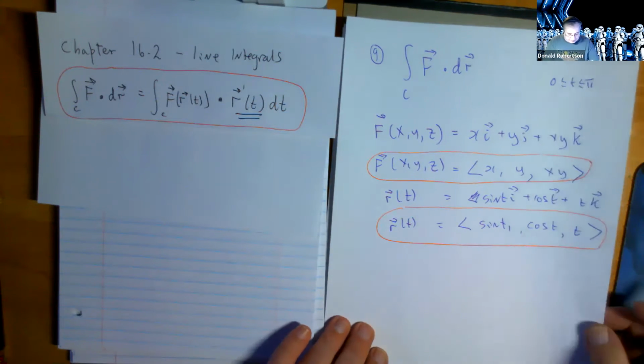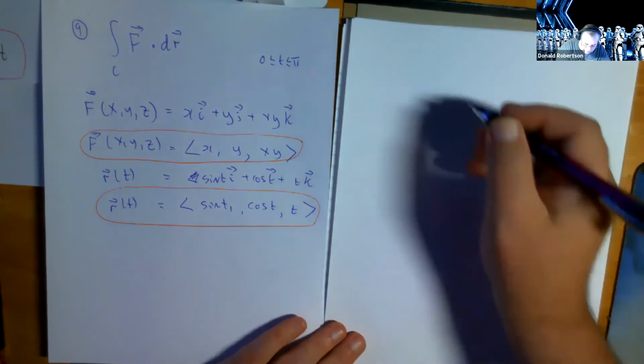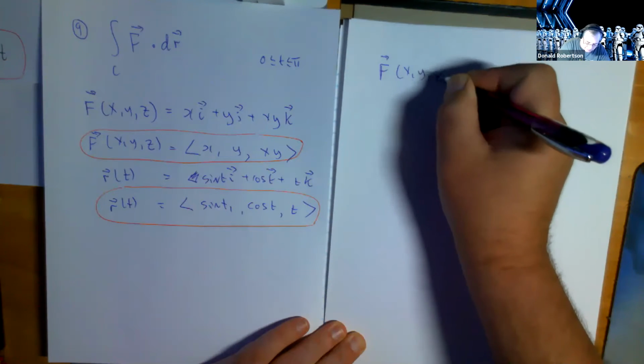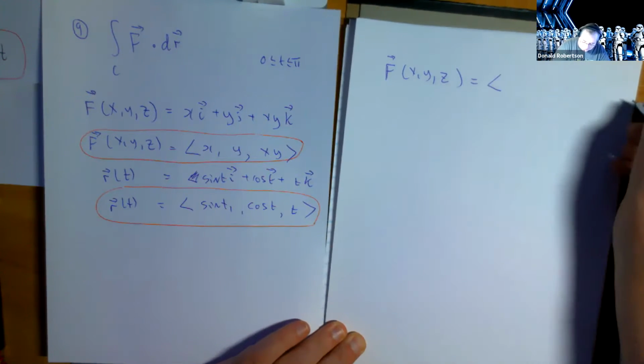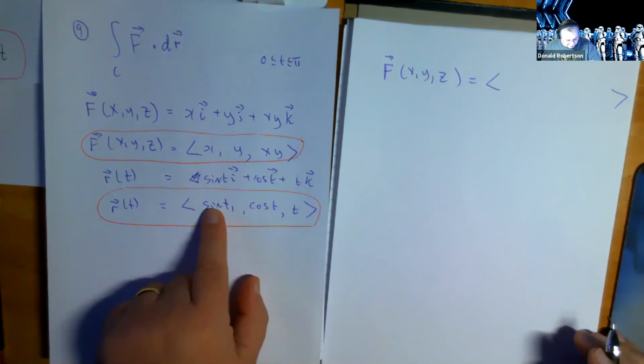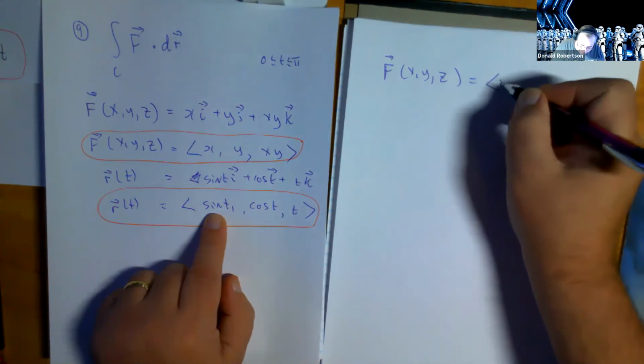Okay, so bearing that in mind, this would be the working that I would be doing. I'm going to turn this into t's using the space curve. So this is just x, which means it's equal to sine t.